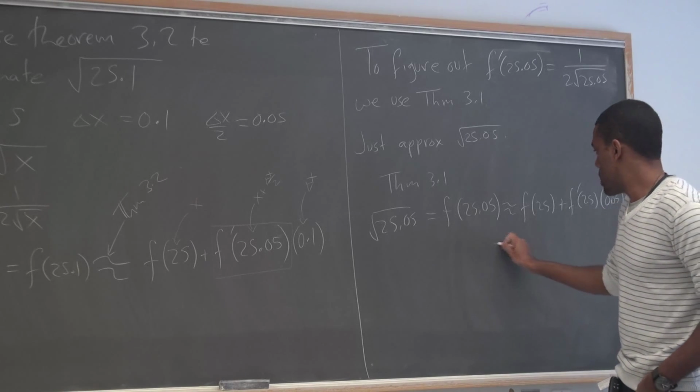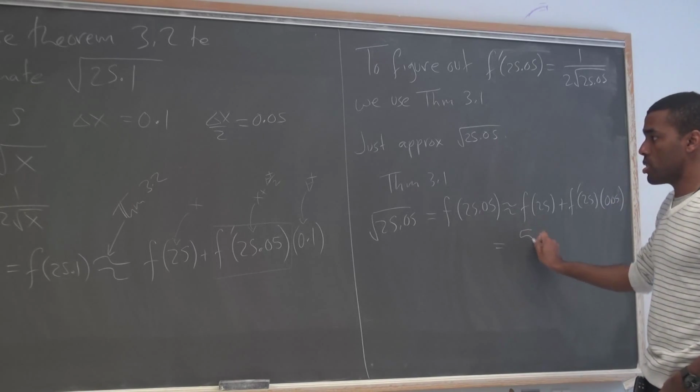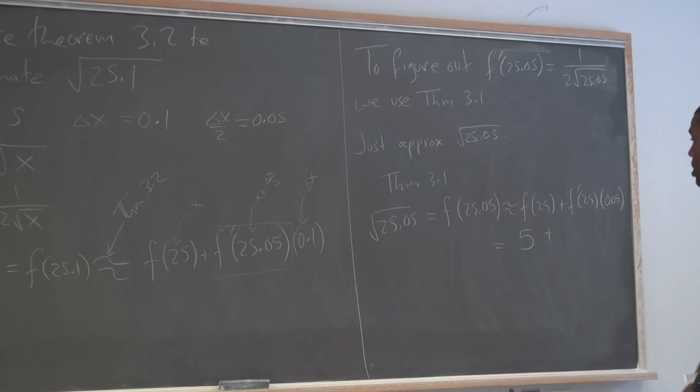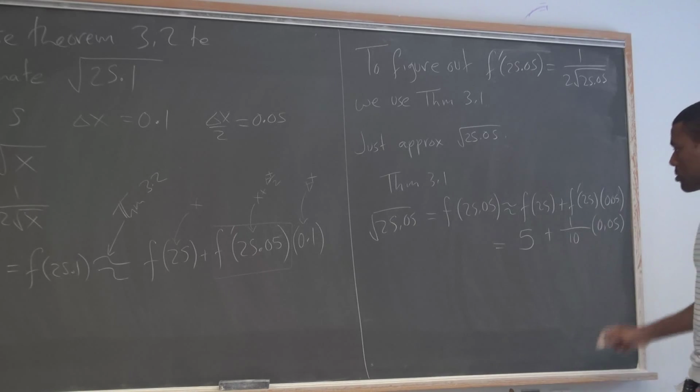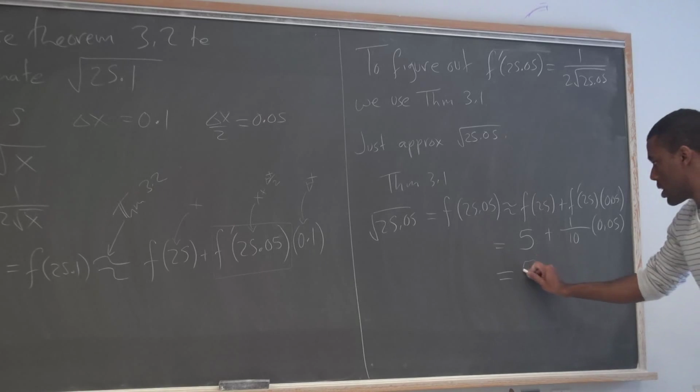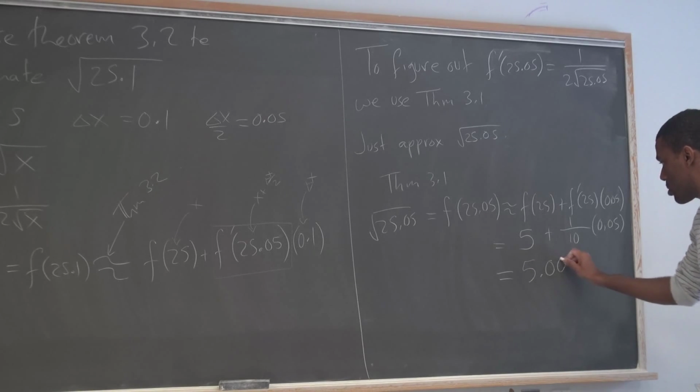And so this would be f of 25 is 5. F prime of 25 is 1 over 2 times 1/10 times 0.05. And what's this? 5.005, right?